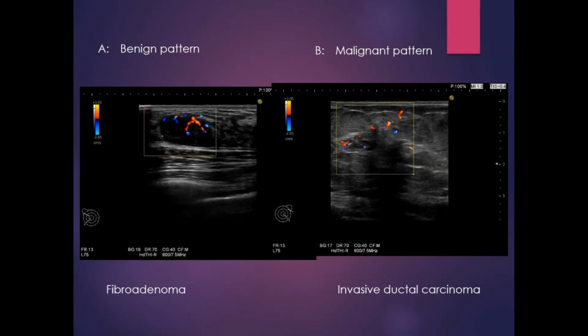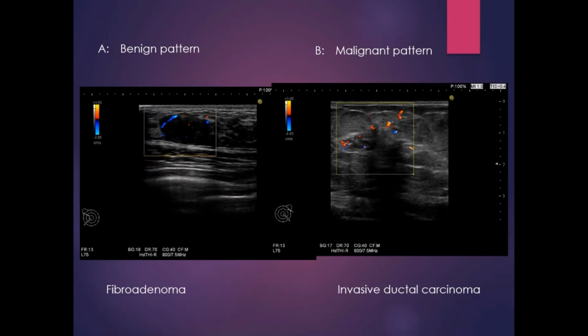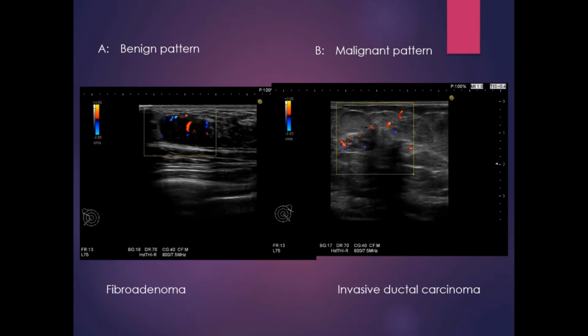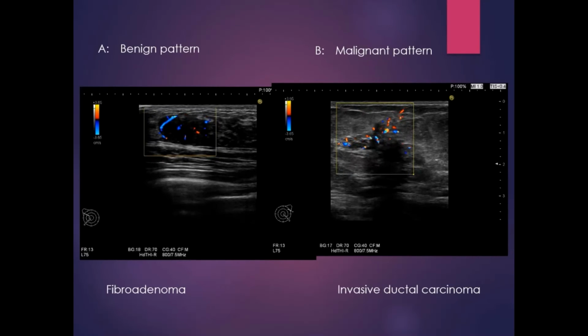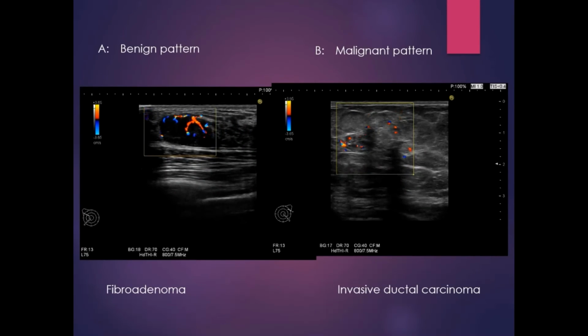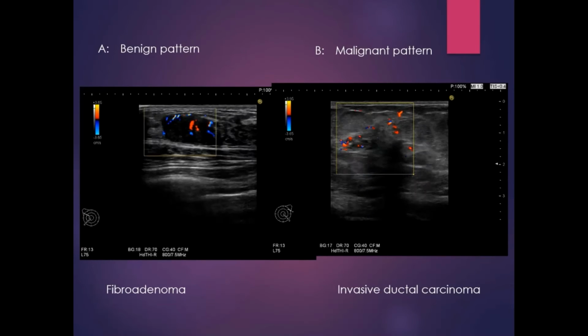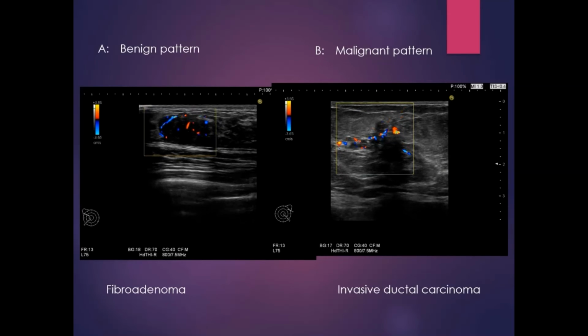On the other hand, if a blood flow is trichoectatic like B and the velocity is not uniform, looks like a mosaic pattern, or the vascularity is increasing in the surrounding tissue, it is suspected as breast cancer.